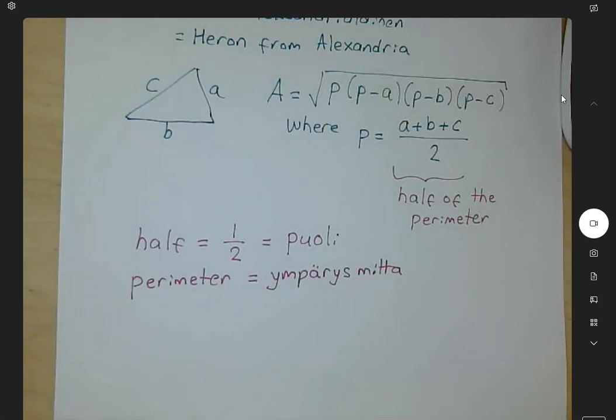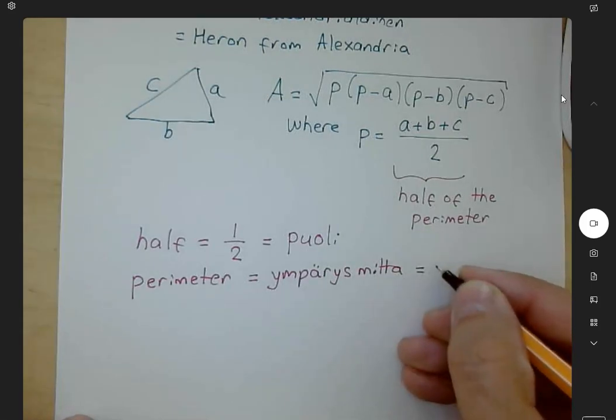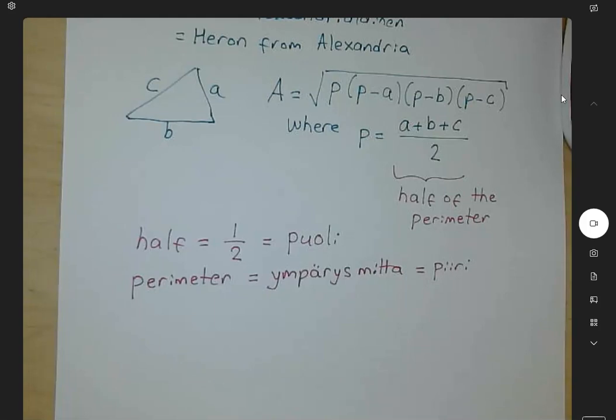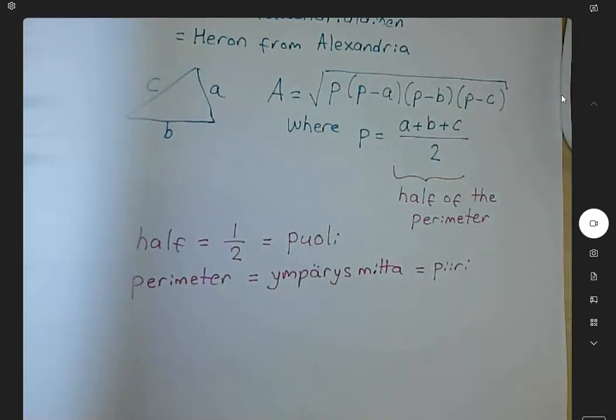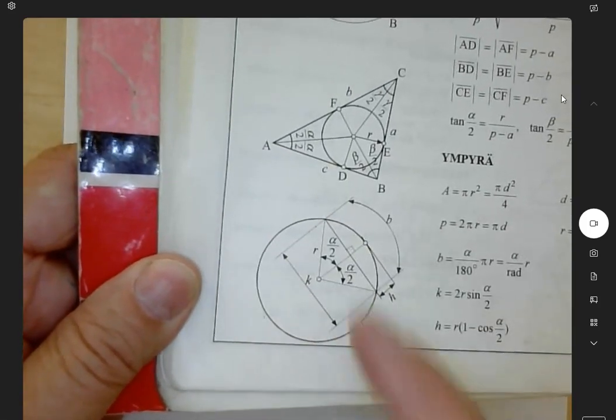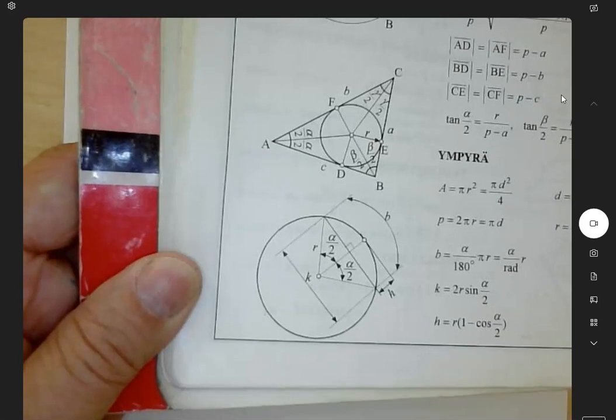We can also use the word piiri. It is also used. I think mostly this word in Finnish is used when you are concerning a circle. Many times the perimeter of a circle is called piiri.